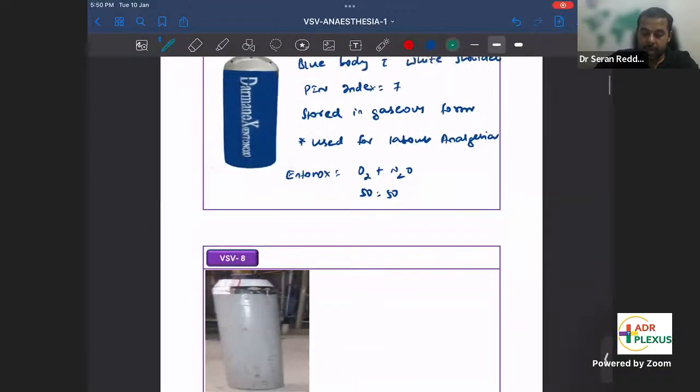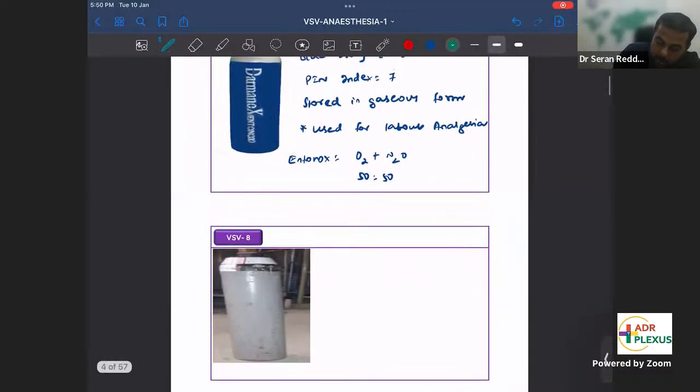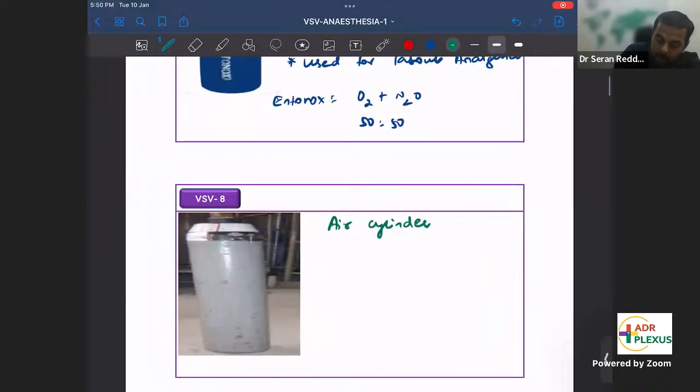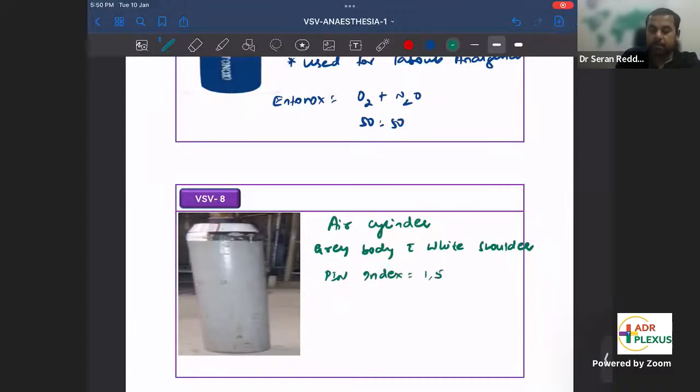Then coming to the air cylinder, where you see a gray body with a white shoulder. Pin index is 1.5.